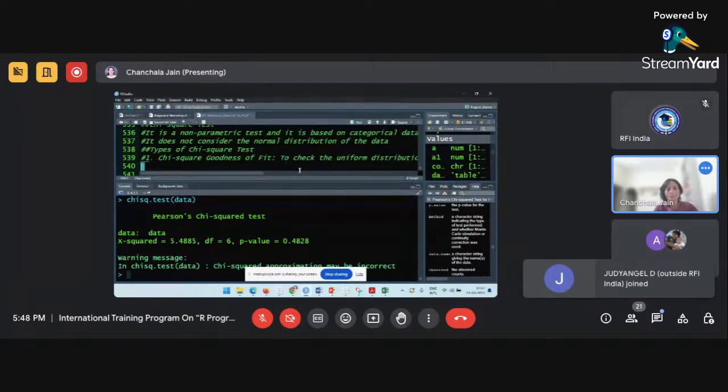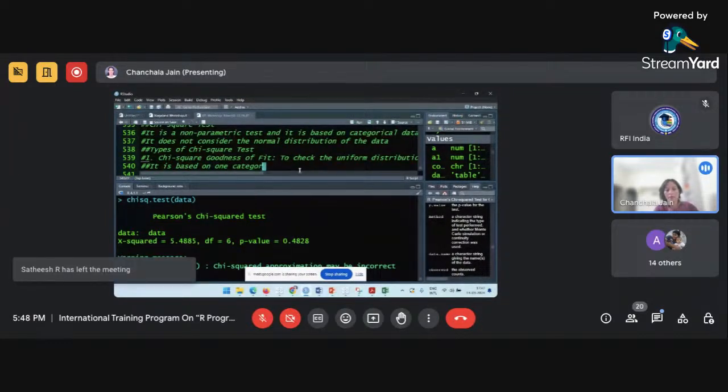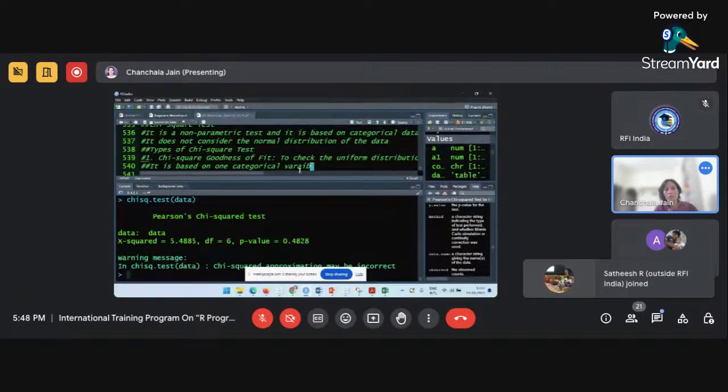So you can write that the chi-square goodness of fit test is based on one categorical variable or attribute. I think attribute is the better word.